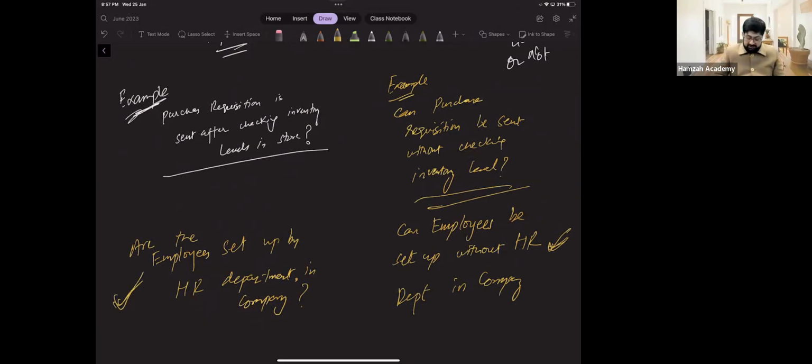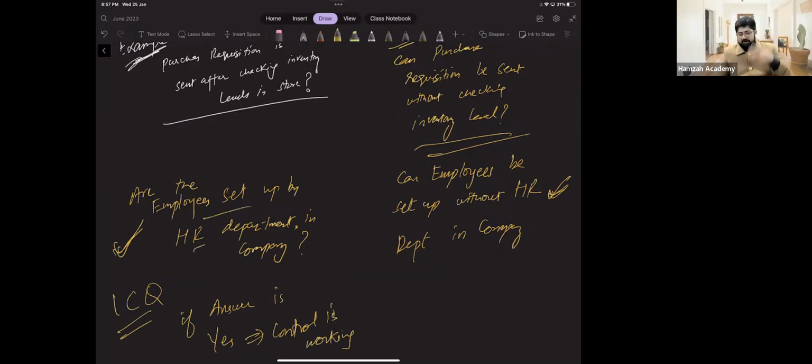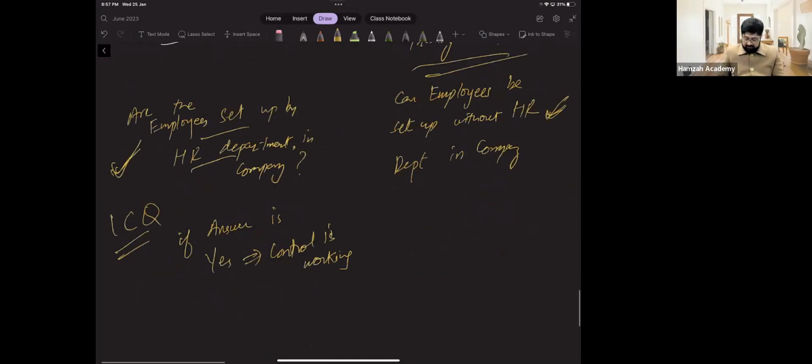So now you see here, its answer. These are ICQs. ICQ: if the answer is yes, the control is working. Are the employees set up by HR? Yes. Very good. If the answer is no, it is a control exception, deficiency.